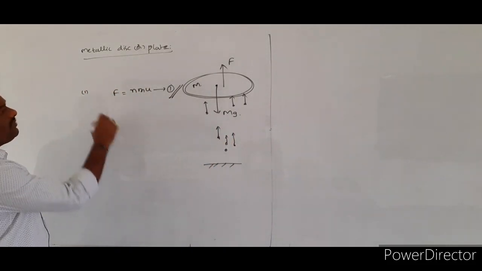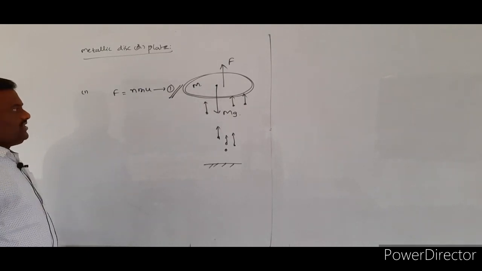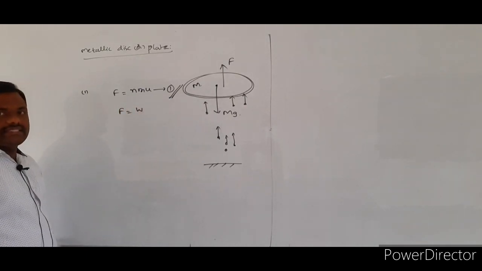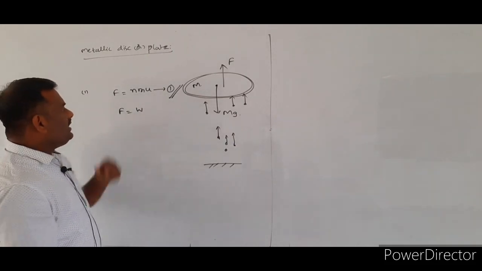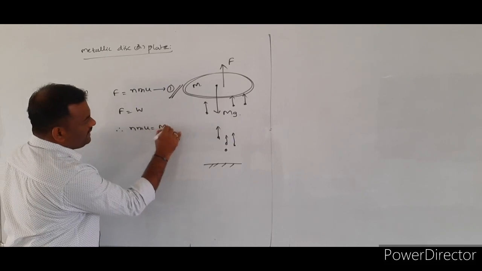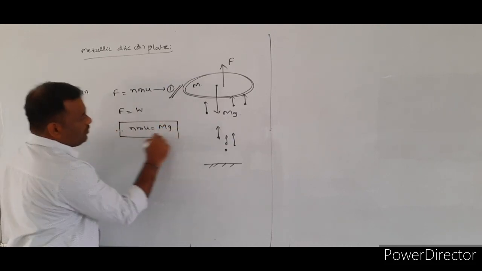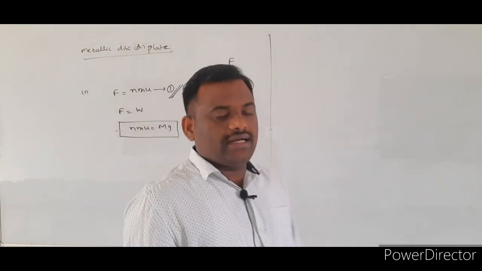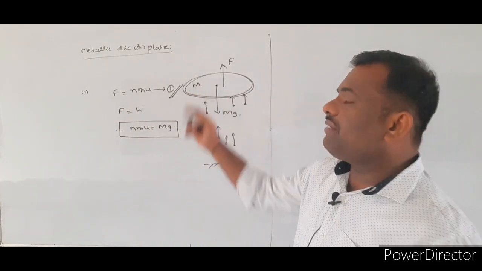Therefore, whenever the bullets dead, the applied force is equal to the weight of the disc. Therefore, F is equal to nmu, and the weight of the disc is equal to Mg. So this is case 1 in the case of the metallic disc.